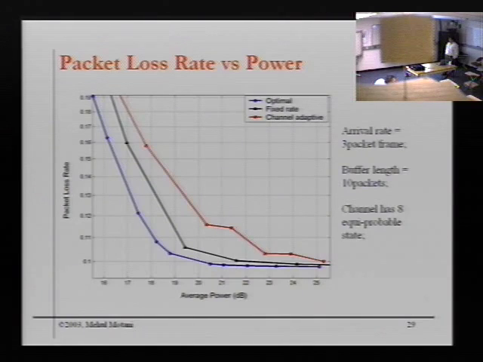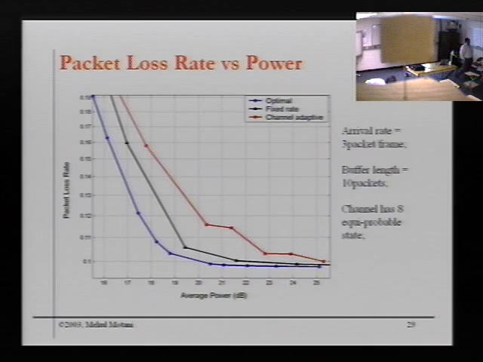Basically, because we're not optimizing over spectral efficiency, maybe the answer is that here we're minimizing packet loss rate. I would have thought these would have the same spectral efficiency, but maybe they're not. If they weren't, that would explain this.